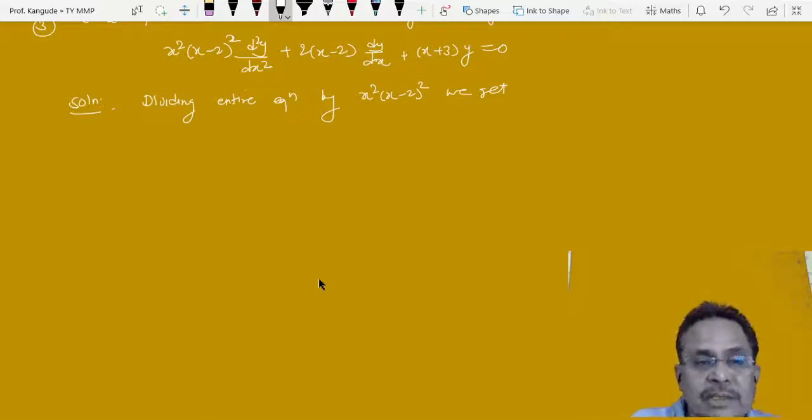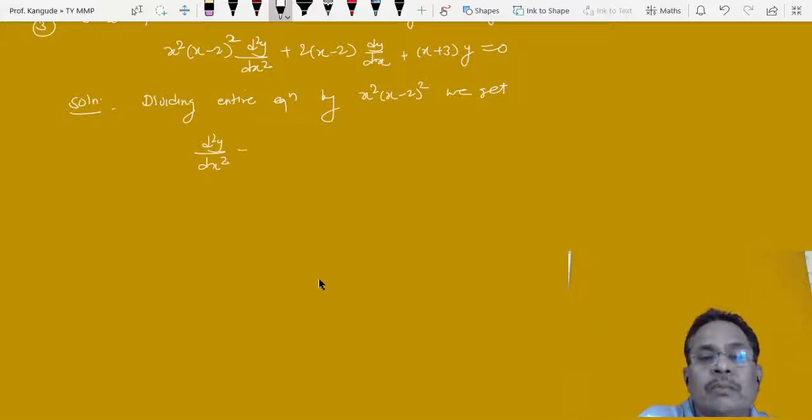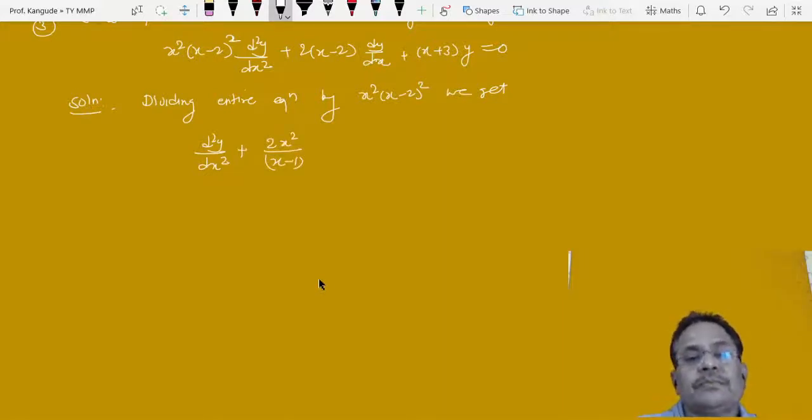If I divide this, the first term on the left hand side will be simply d square y upon dx square, plus one of the x minus 2 factors gets cancelled, so it is 2 upon x square into x minus 2 into dy upon dx.